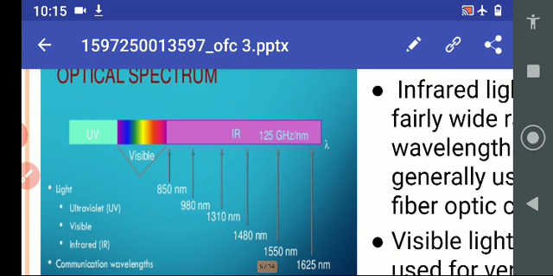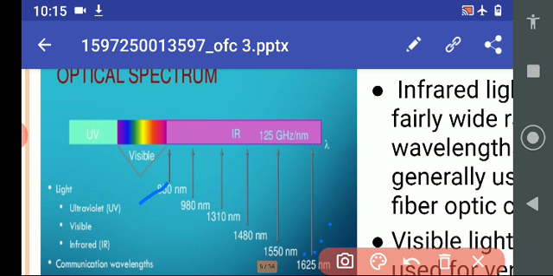So visible and IR region are useful for optical communication. In the IR region, there are different wavelength ranges having the lower limit of 850 nanometers, and the second is on the higher side. If you see, it is 1625 nanometers.